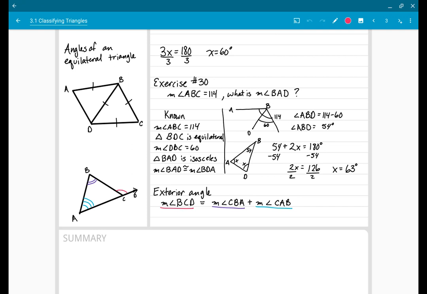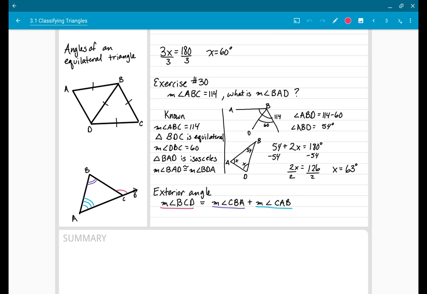Next, I made a list of things that I know. We have the given angle ABC is 114 degrees. I also added that triangle BCD is equilateral, which means the measure of angle DBC is 60 degrees.